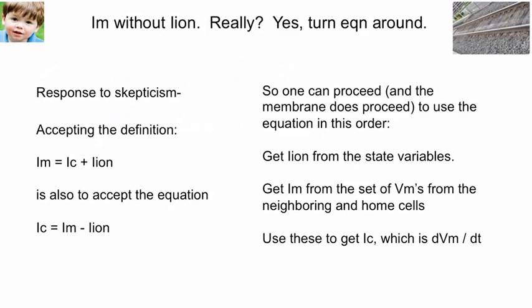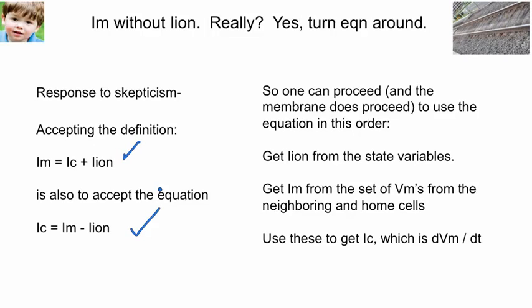If we accept the definition that we have, that means we also accept the equation that turns these around. The capacitive current is the membrane current minus the ionic current. There's a little bit of culture shock here because each of us has become accustomed, in recent years especially, to reading equations not as mathematical equations, but as equations written into a computer program.